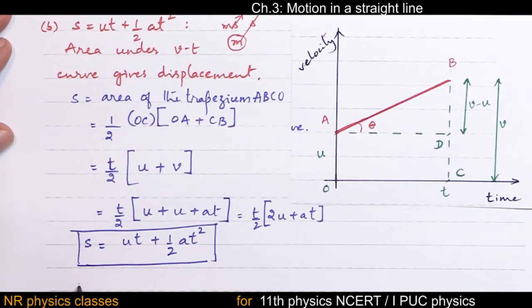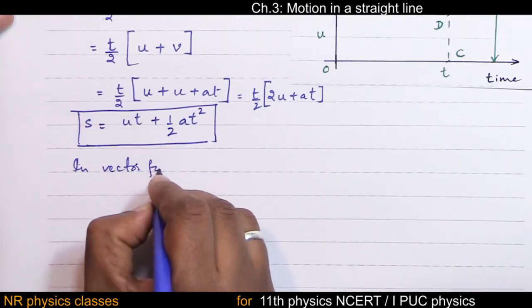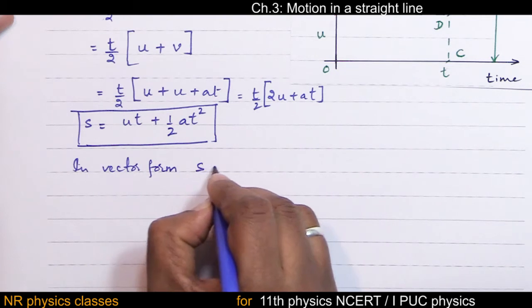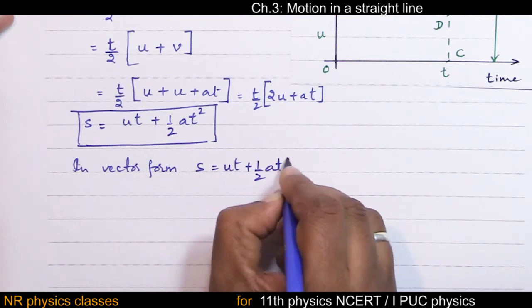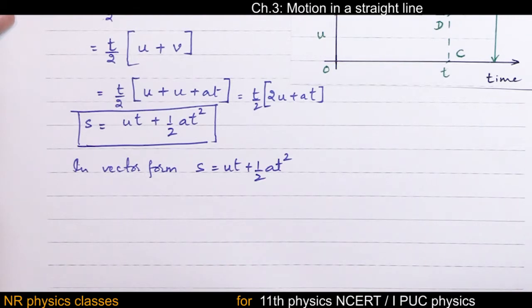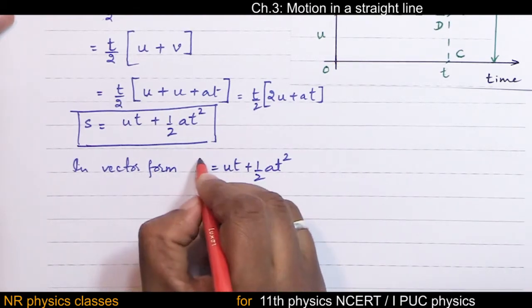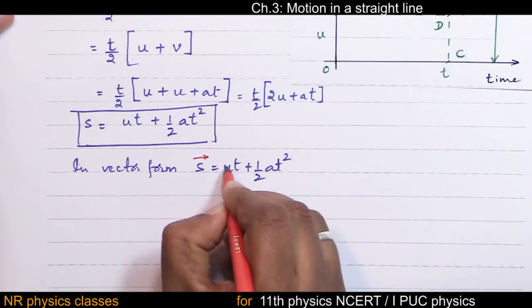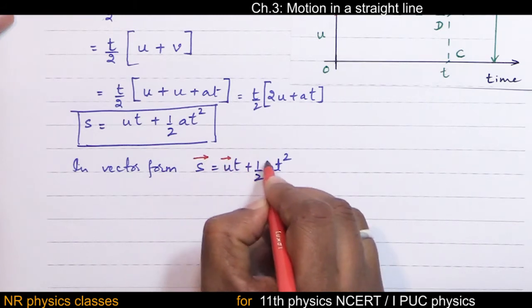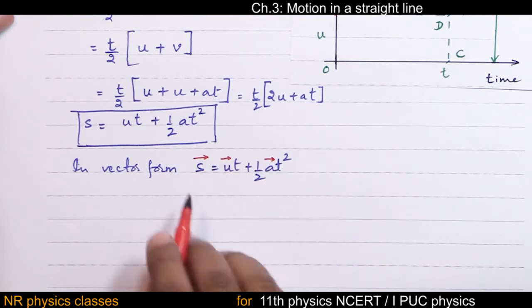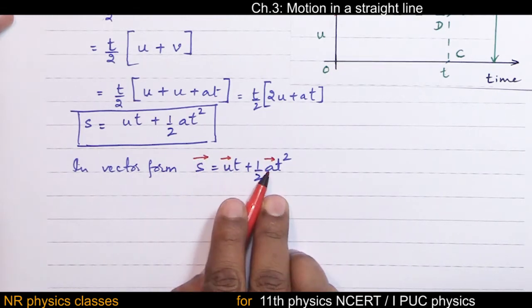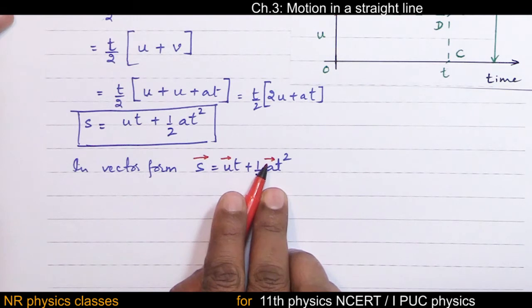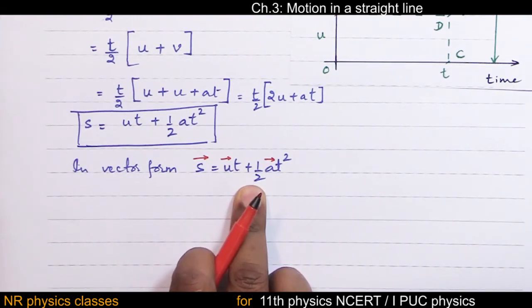In vector form, S equals UT plus half AT square. S is a vector, initial velocity is a vector, acceleration is a vector. You should draw an arrow above S, above U and above A. Okay, so this is the vector form.